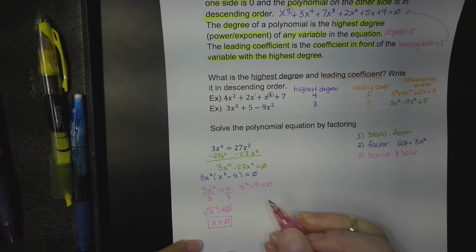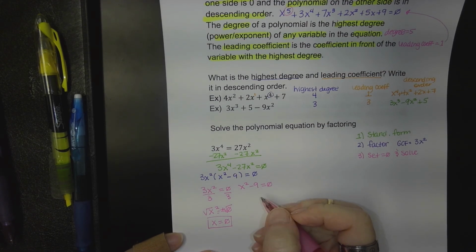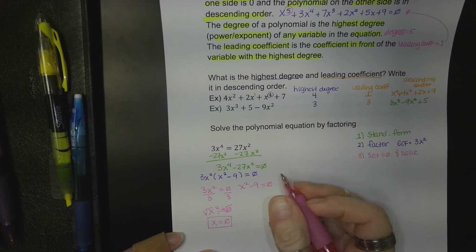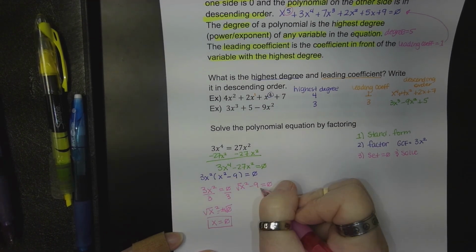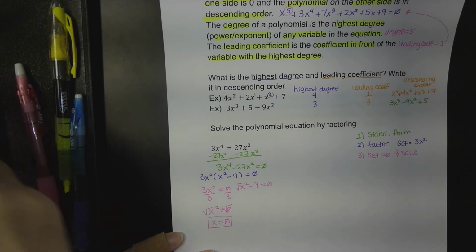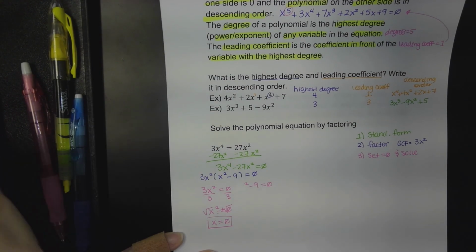Now if you'll remember back to the last lesson, this is the difference of two squares. X is squared and 9 is the square of 3, right? 3 squared is 9. Now you're going to get a plus minus of 3. But let's do this. How do we get rid of a square? We're going to square root. Oh, got ahead of myself, sorry. Start back over.